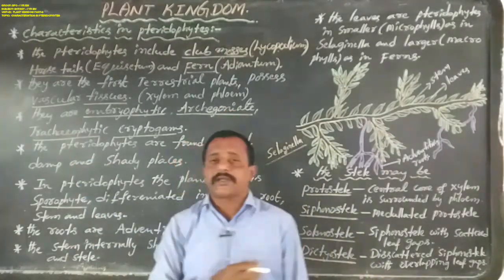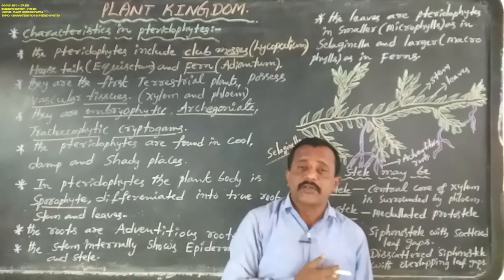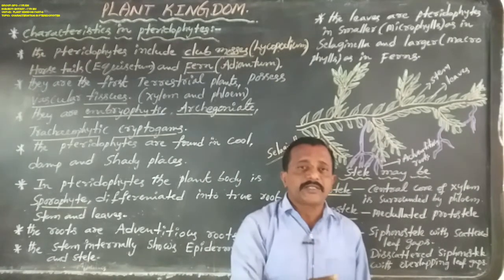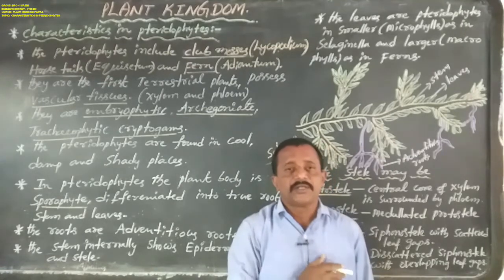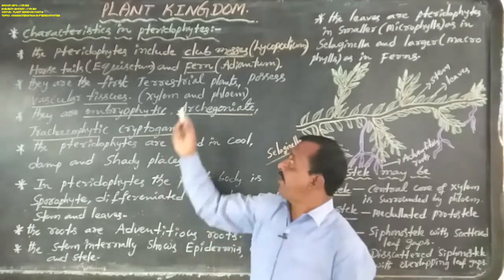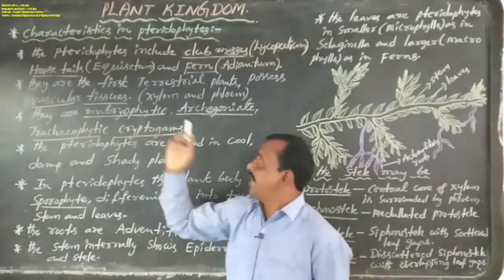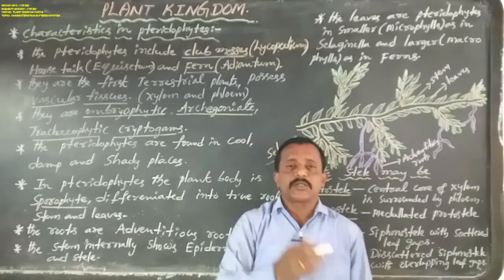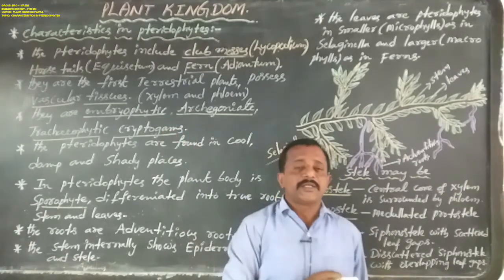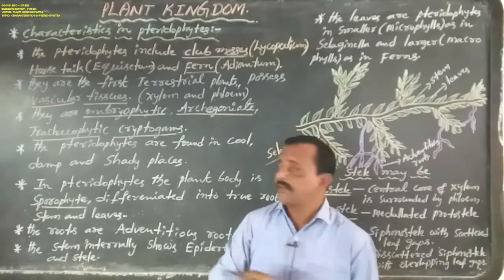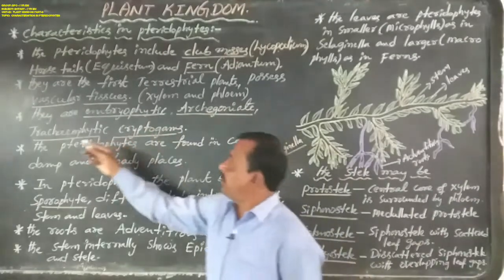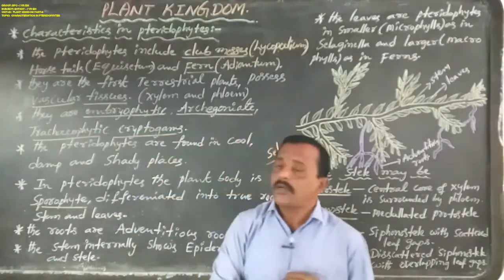Bryophytes are atracheophytic, with no developed vascular tissues, but pteridophytes are all tracheophytes, with well developed xylem and well developed phloem. And cryptogams are flowerless, non-flowering plants, that is the pteridophytes. They are embryophytic, archegoniate, tracheophytic, cryptogams.